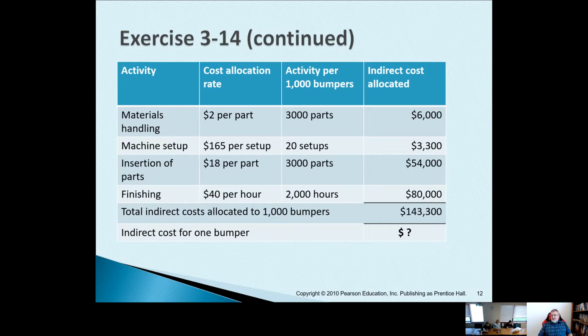So what is our indirect cost to make one bumper? Do I have to just add up all the numbers, right?